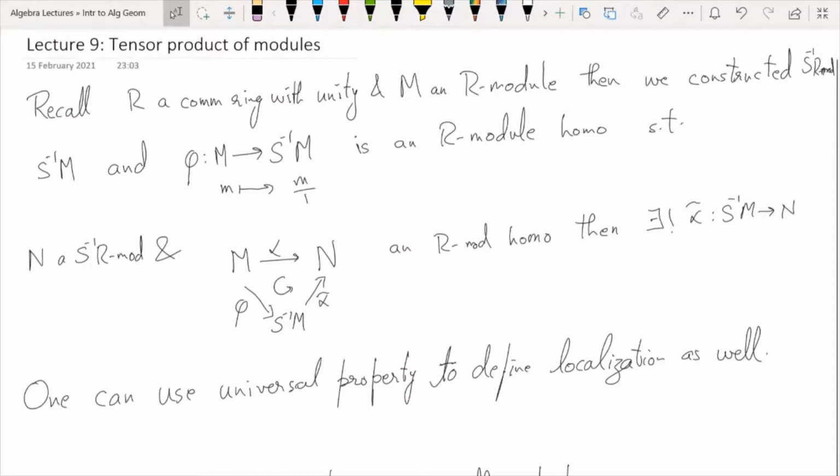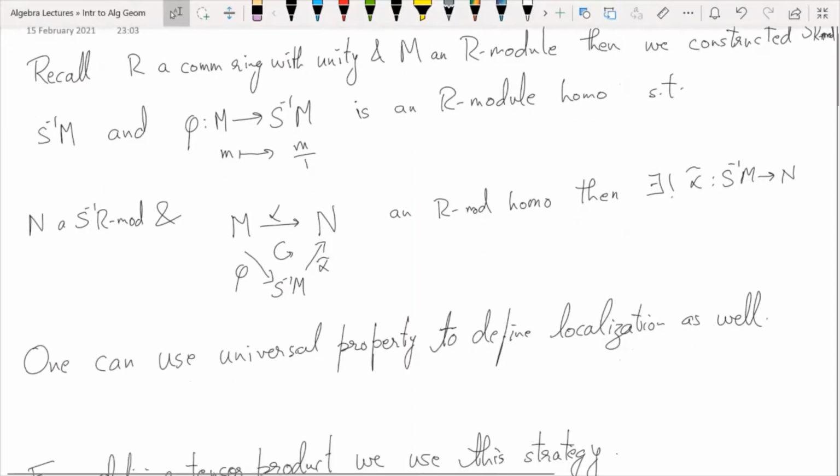And the universal property says that given any S inverse R module N and any R linear map from M to N, remember, N is also an R module because it's an S inverse R module, so you can ask when a map from M to N is R linear, then given any R linear map alpha from M to N, there exists a unique alpha tilde from S inverse M to N such that this diagram commutes, which means phi followed by alpha tilde is the same as alpha.